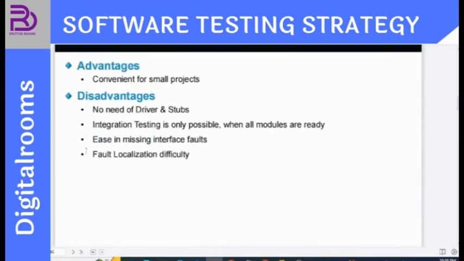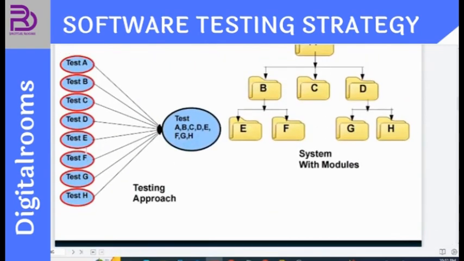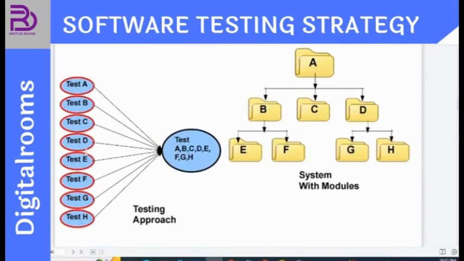Next, fault localization difficulty. It means we are unable to find the faults a particular product or unit has while testing with the Big Bang strategy. Why? Because whenever we build a single module, we cannot perform even a single test case on it.